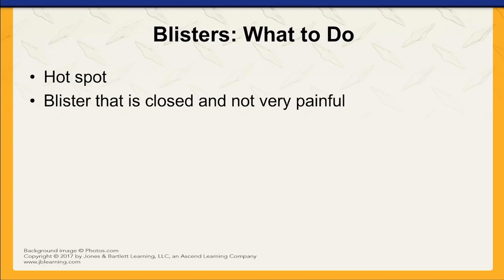You can just apply a band-aid. That would be good enough also to treat that. Again, take a tape, trim the round edges of the tape, and just cover that up. That will help with that blister as well. So if it doesn't end up getting worse, it won't be as painful.